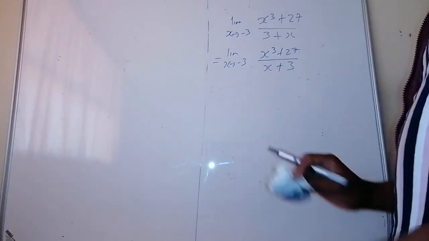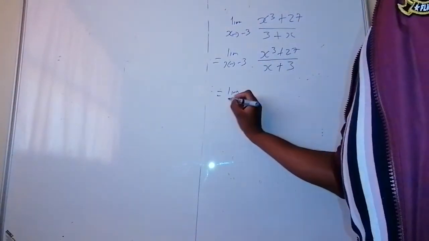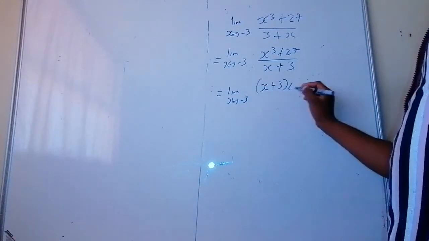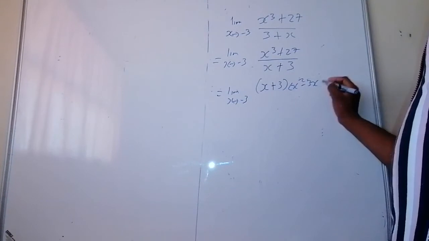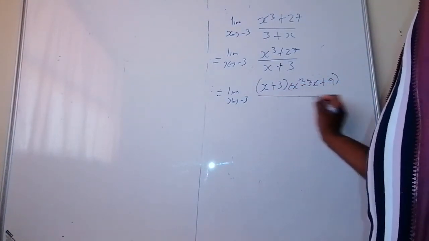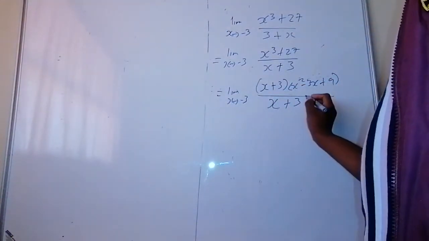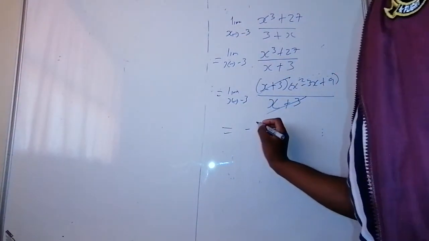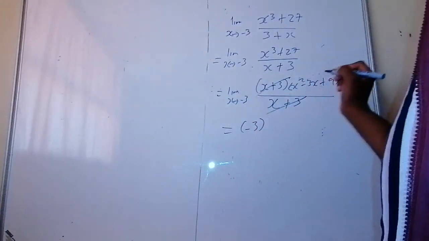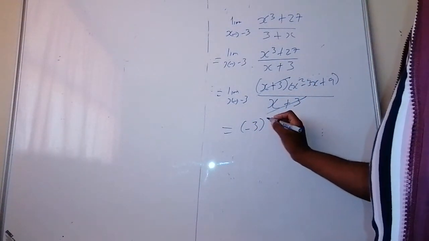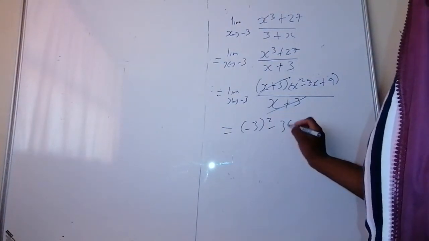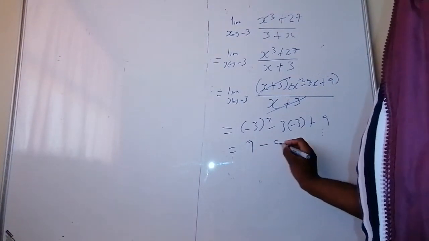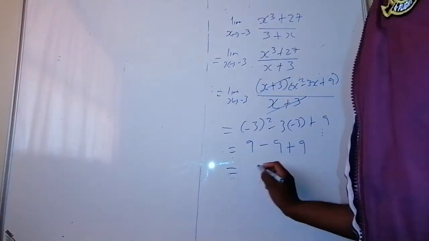The limit as x approaches negative 3 can be written as x plus 3 times x squared minus 3x plus 9, divided by x plus 3. So these two cancel each other. After that, this is just going to be negative 3 squared minus 3 times negative 3 plus 9. So this is 9 plus 9 plus 9, which is 27.